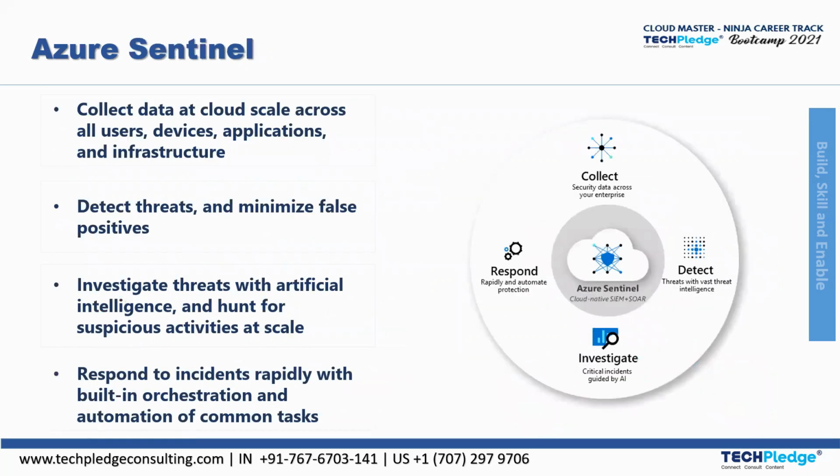Then finally, we have Azure Sentinel. It is a service which detects, investigates and responds to threats. It tells you if there are any changes on your system. It is not only an Azure service, it gives you the log of everything.